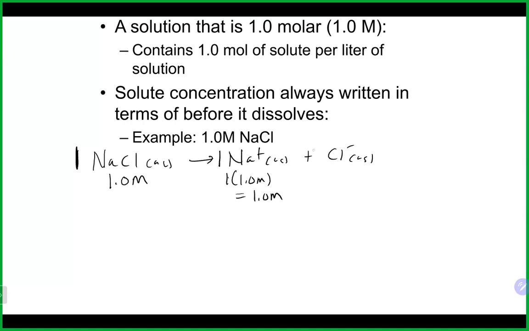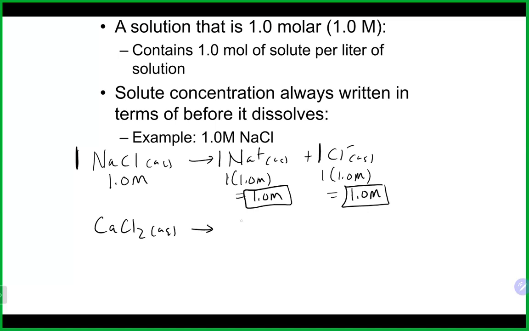It is a 1-to-1 relationship there as well, and you would multiply the concentration by 1. Not that you really need to, but you would end up with 1 molar chloride ions in that solution. Now, if you have something that breaks apart a little differently, like a calcium chloride solution, that's going to give you a calcium ion and a couple of chloride ions floating around in that solution.